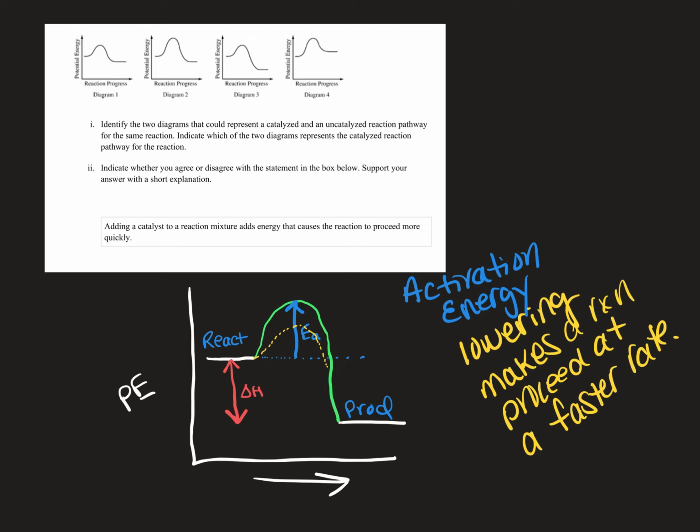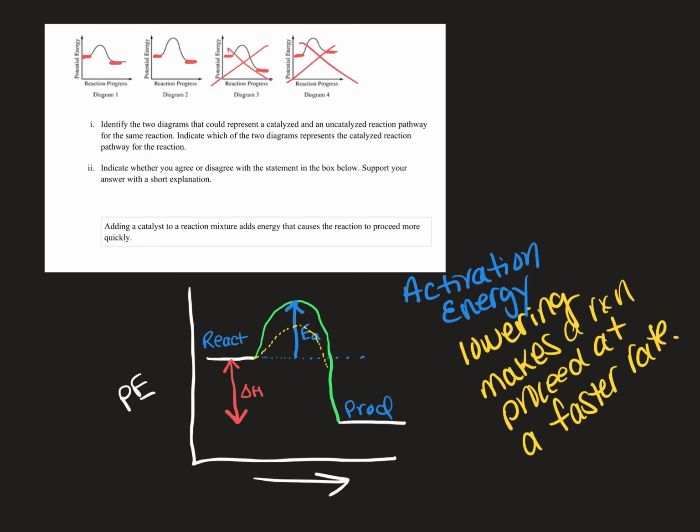So in this case, we want to have two diagrams that can represent a catalyzed and an uncatalyzed reaction. That means that if it's the same reaction, delta H has to be the same. So the distance between here and here has to be the same for those reactants. If I look at that, the only two that are the same are diagrams 1 and 2.